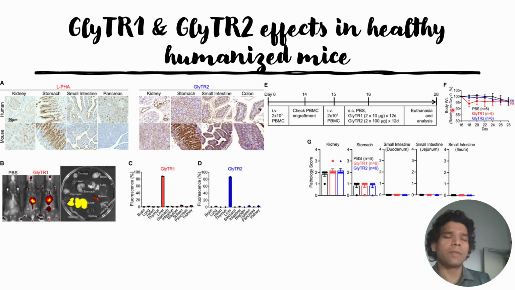So this also indicates that GlyTR1 and GlyTR2 do not cause any off-cancer on-target specificities. One of the reasons is that although it shows staining in healthy tissues, the densities are low. The idea is that GlyTR1 and GlyTR2 can trigger toxicities only when the ligands, that is the ligand that binds to LPHA, beta 1,6 branching, is heavily expressed, and also the ligand for CD301 in GlyTR2, the Tn antigen, is heavily expressed.